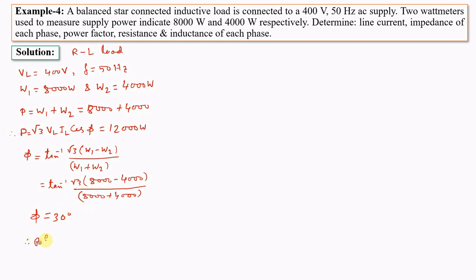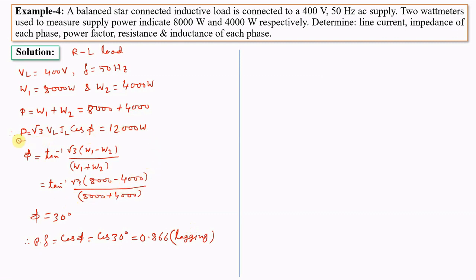Therefore, we can find the power factor. It is cos phi, that is cos 30 degree, and it should be 0.866 lagging. As the nature of the load is resistive inductive, that's why the power factor will be lagging. Now, from this relation, that is P is equal to root 3 VL IL cos phi, we can find the value of line current, that is IL.